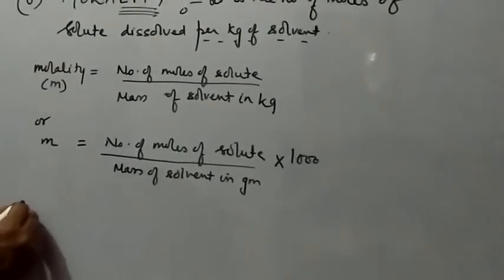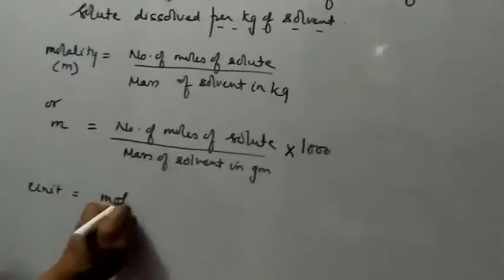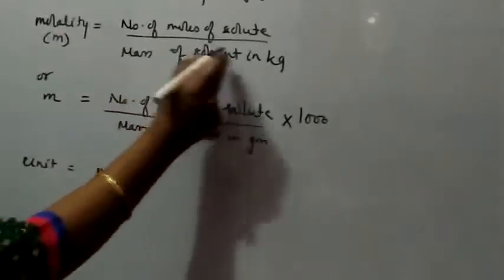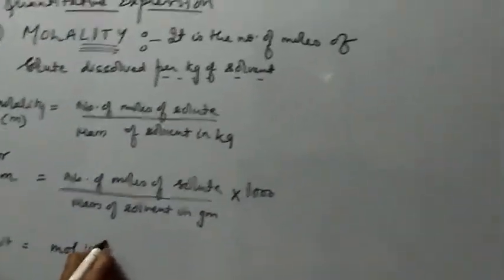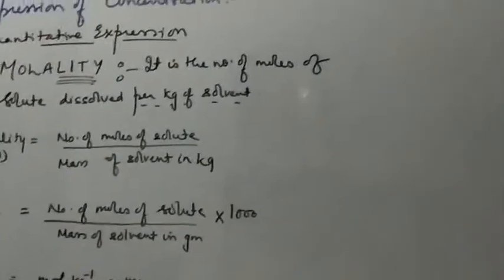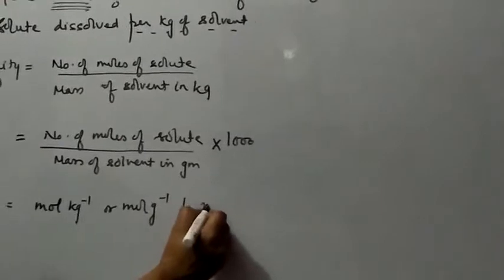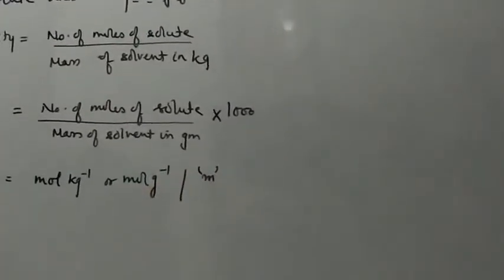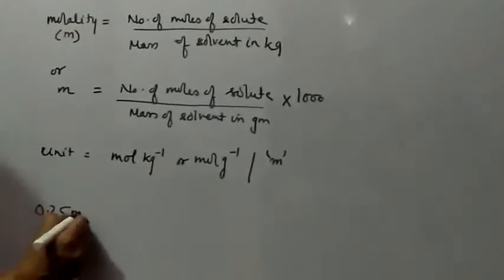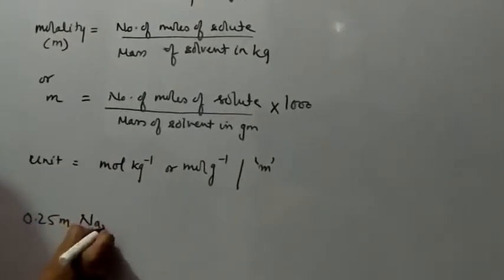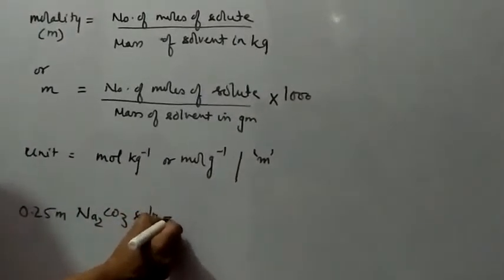Now what is going to be the unit of it? It will be mole in the numerator, and in the denominator the mass of solvent in kg. So it will be either mole per kg, or mole per gram, or it is denoted by small m, right? So if it is written the same, 0.25 small m of sodium carbonate solution, what does it mean?